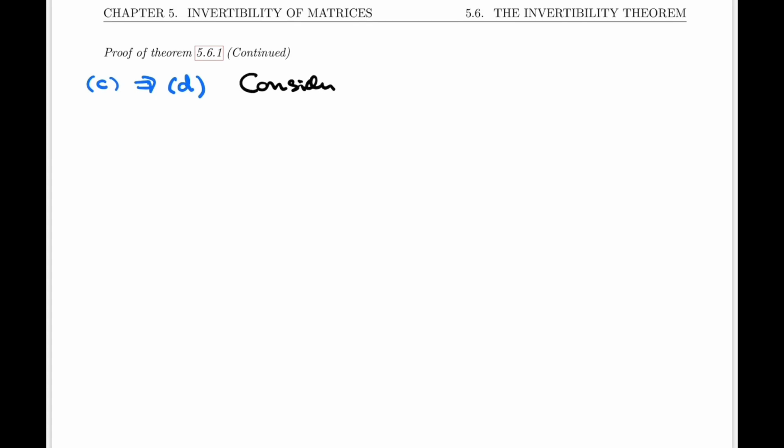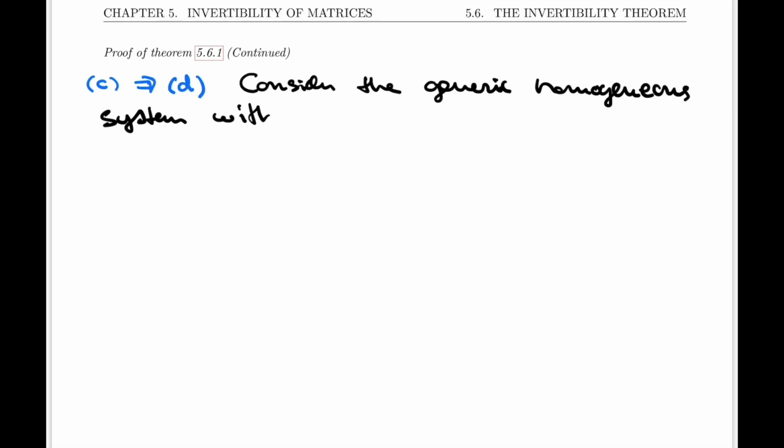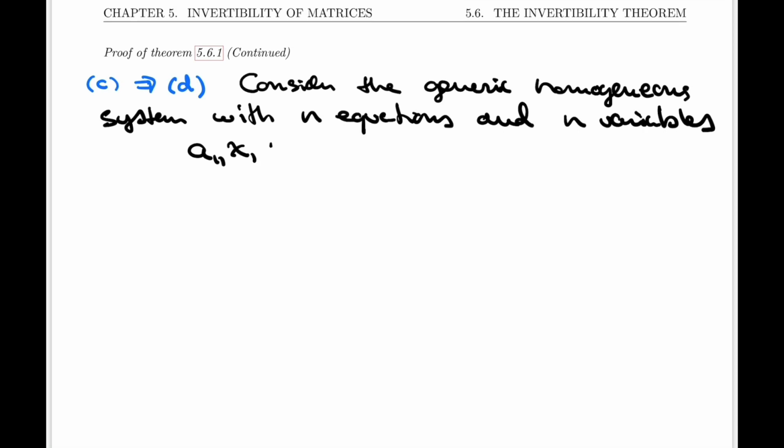So consider a generic homogeneous system with n equations and n variables. If you remember back in chapter 3, we represent a generic system simply by writing out the terms this way.